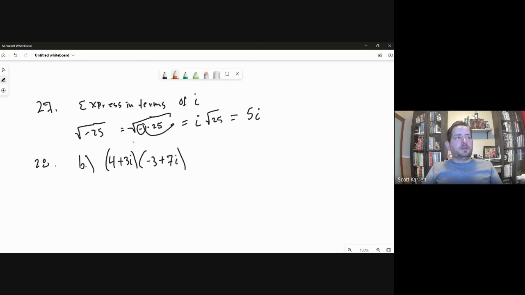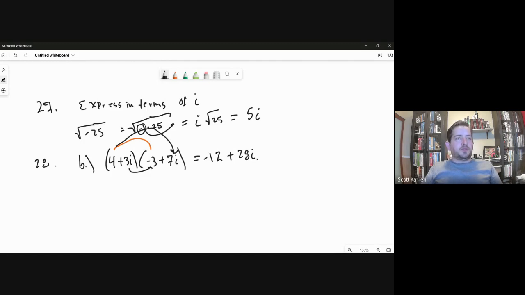Now this gets FOILed, so 4 times negative 3 gives me negative 12. And then 4 times 7i, well, 4 times 7 is 28, and then times i gives you 28i.